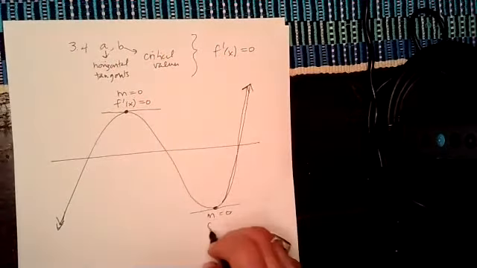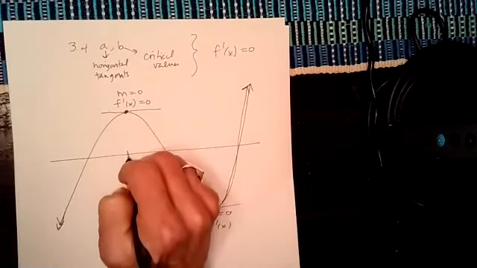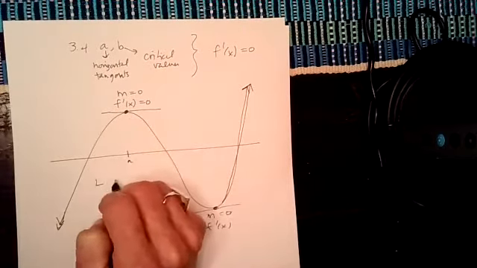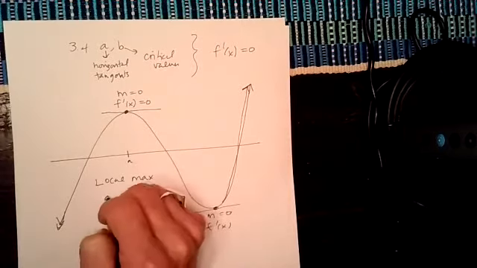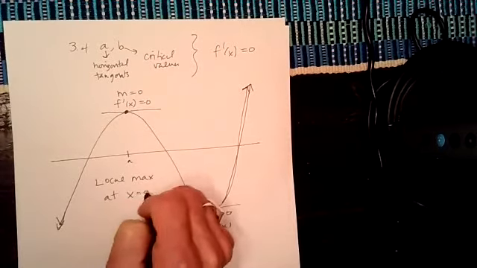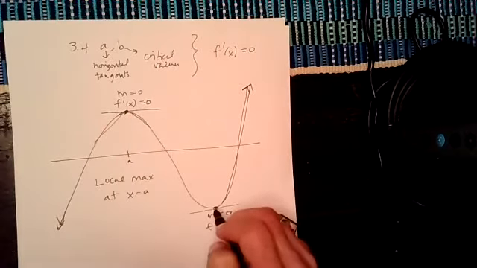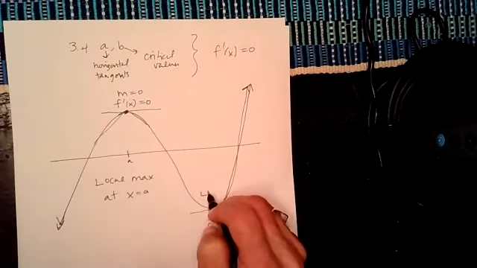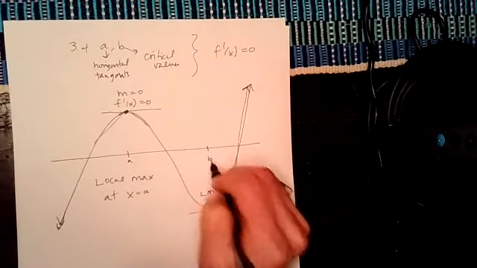If this is A, we had a local max at x equals A, because it went to the top and then to the bottom. We made our sign chart, and this would have been our local minimum at x equals, let's call that B.